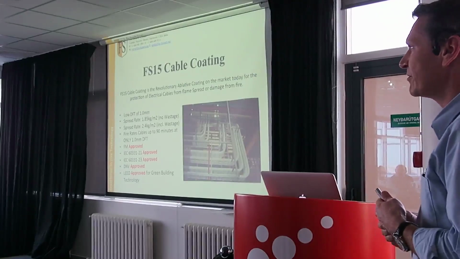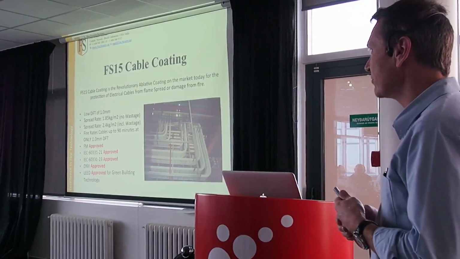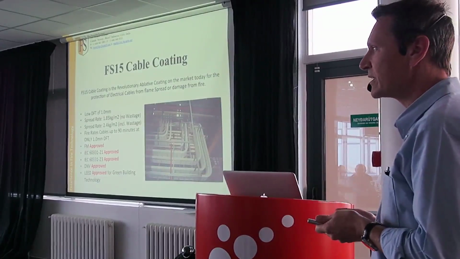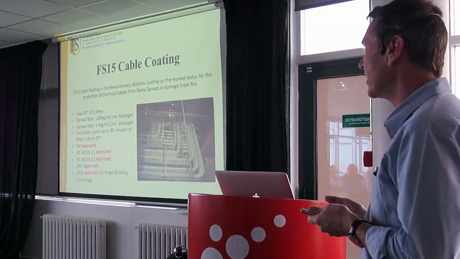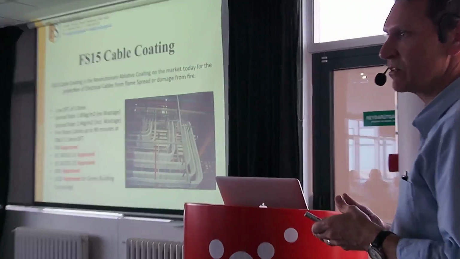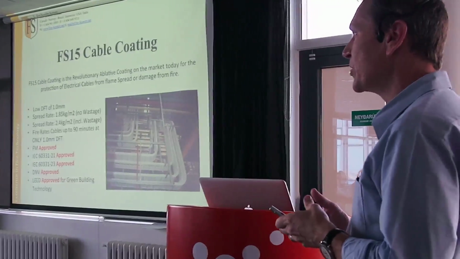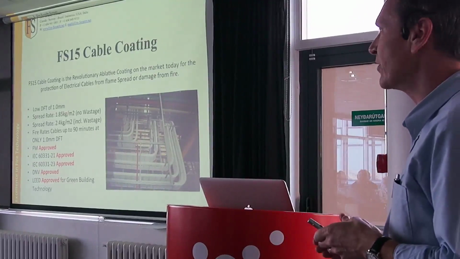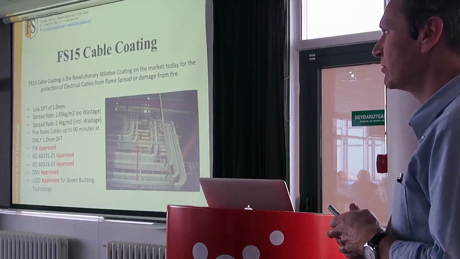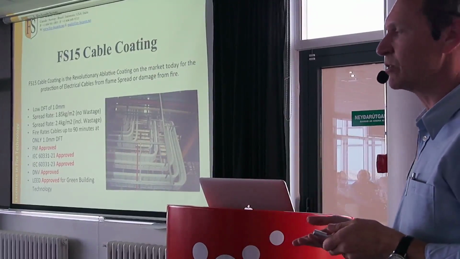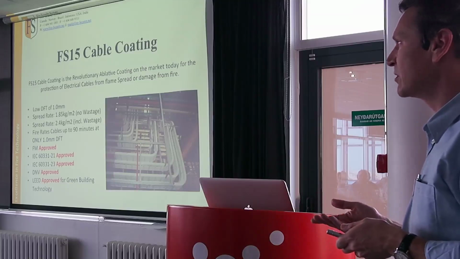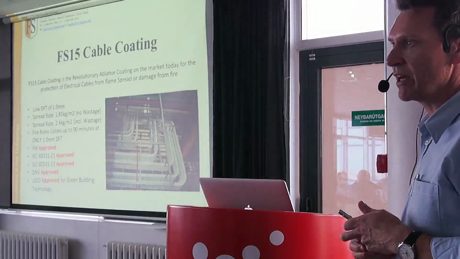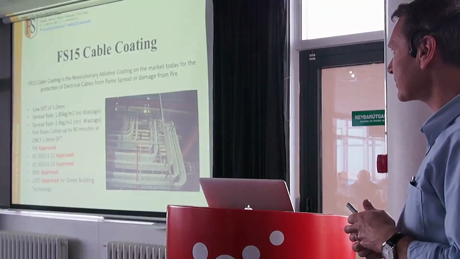With an ablative chemical reaction for cable coating, all it does under fire is extrude a gas, non-toxic, non-hazardous, which chokes the area or starves the area around the cable of oxygen. Then you go back to your fire triangle: fuel, heat and oxygen. There's no oxygen, therefore that fire cannot spread.